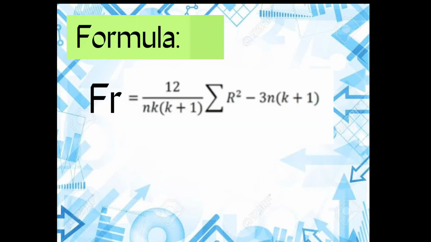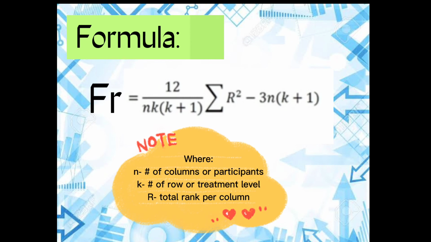FR is equal to 12, that is a constant number, over NK, open parenthesis, K plus 1, constant number, close parenthesis, summation of R squared minus 3N, a constant number, open parenthesis, K plus 1, close parenthesis. Where N is the number of columns or participants, K is the number of row or treatment level, R is the total rank per column.